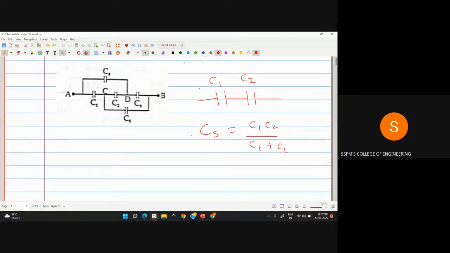Now how is this calculated? With the help of this equation: the inverse of equivalent capacitance is equal to the sum of the inverse of individual capacitors, 1 upon C1 plus 1 upon C2. After solving this, what you get is CS is equal to C1 C2 divided by C1 plus C2. So on this basis we have to solve this example.